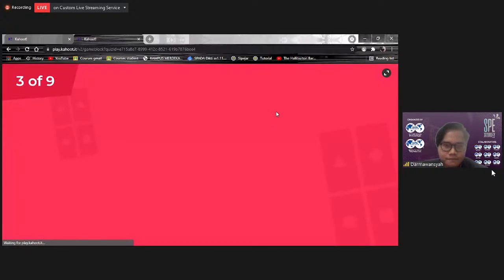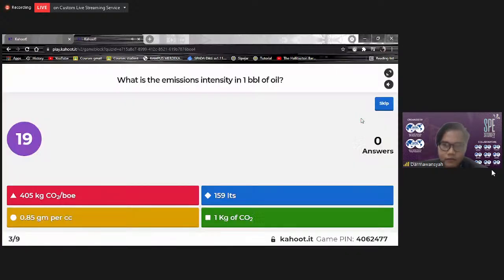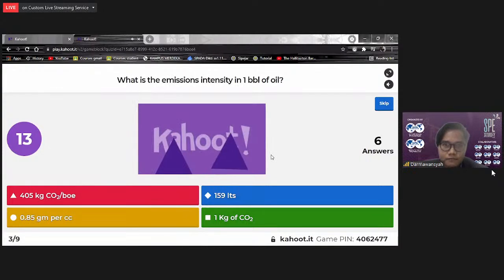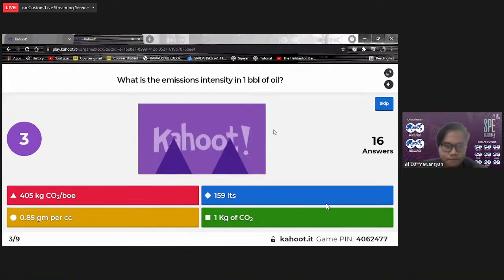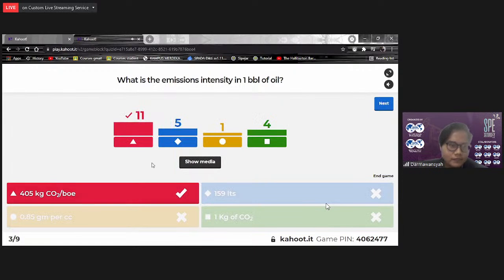What is the emission intensity in 1 barrel of oil? Three, two, one, and yep, the answer is 405 kilograms CO2 per barrel of oil equivalent.